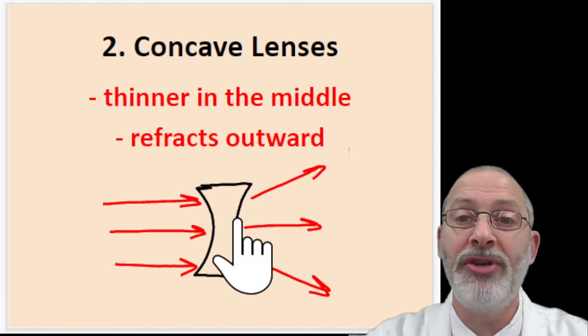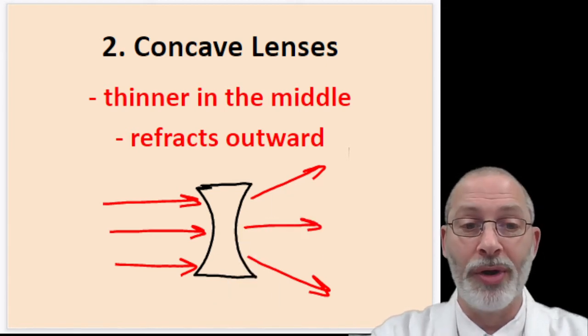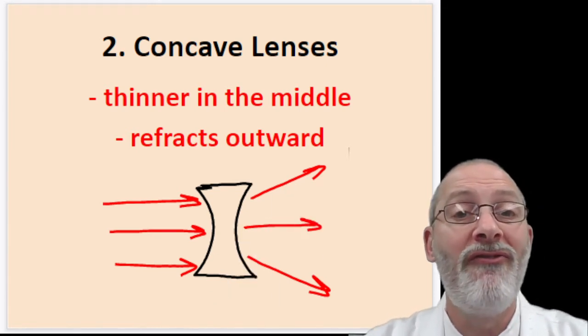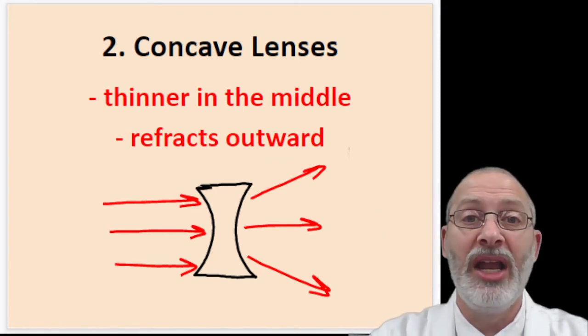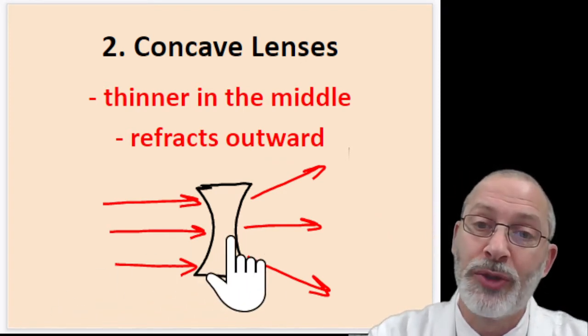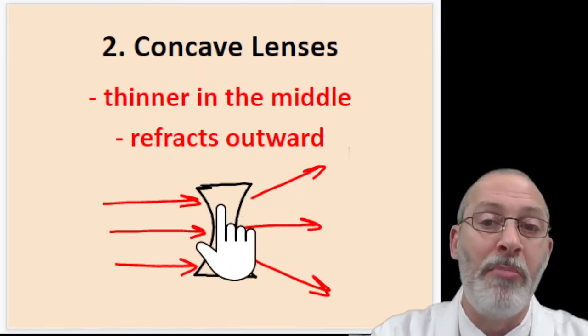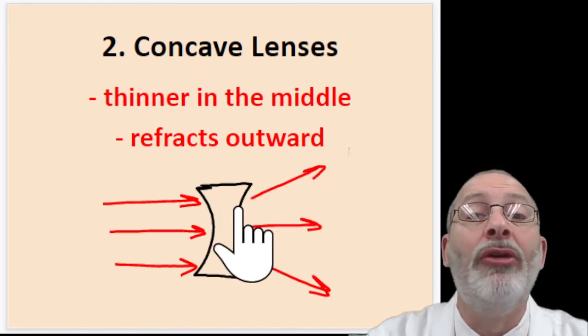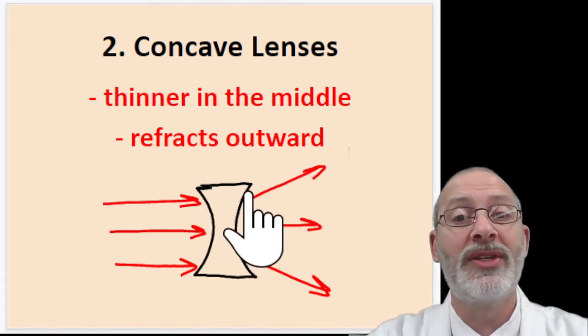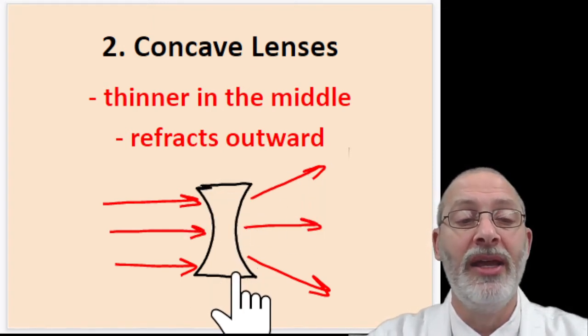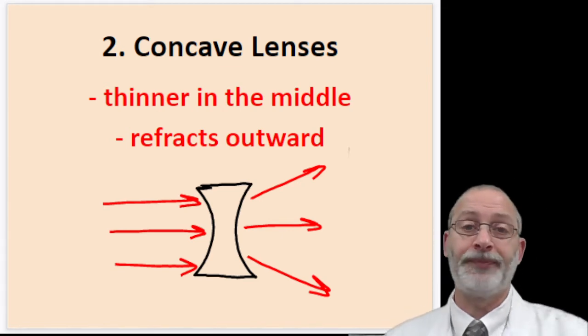So light is refracted outward, which means there's no focal point with a concave lens. It spreads light outward, it bends light outward, it refracts light outward, always to the thicker side of the lens.